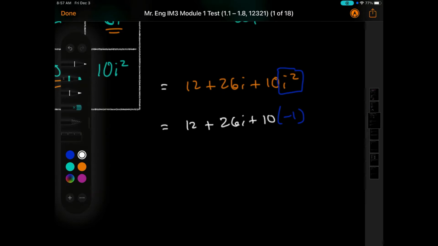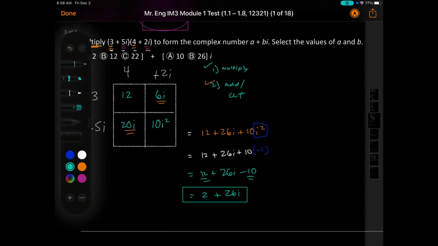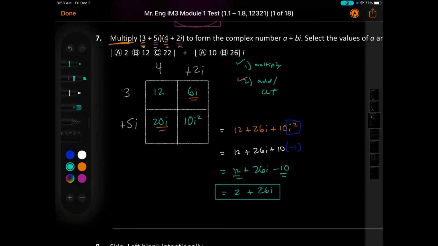So this will become -10. And then I can just add these two together, and you will get 2 plus 26i. So that's going to be choices A, double check here, and B.